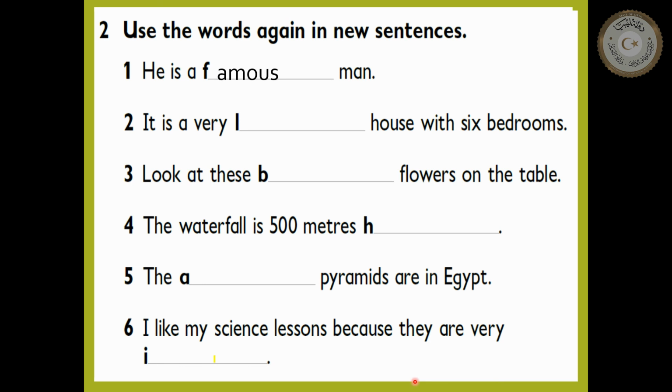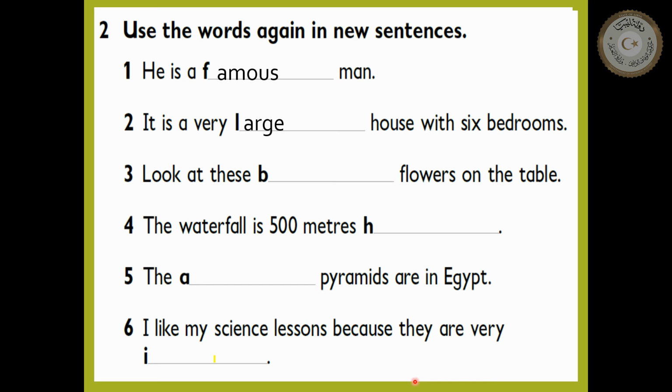Can you do number 2? It is a very house with 6 bedrooms. So this house has 6 bedrooms. So this house is very what? Large. Excellent. Very large. Can we go now to number 3? Look at these flowers on the table.